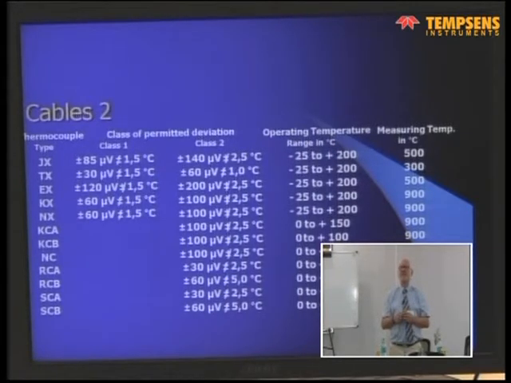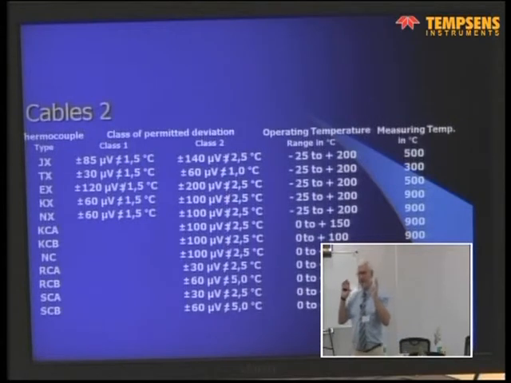These cables are only available in class 2. And they are designated with a C after the letter for the type of the thermocouple, and the third letter A and B classifies a different temperature range. Just want to have a difference to be known.